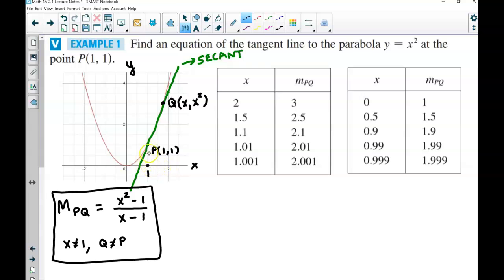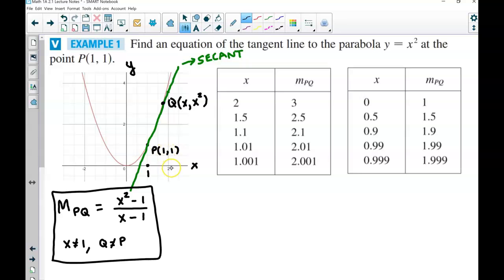So we can pick values between 0 and 1, and between 1 and 2, and then determine what's happening with the slopes according to the point (1, 1), since that's what's given.